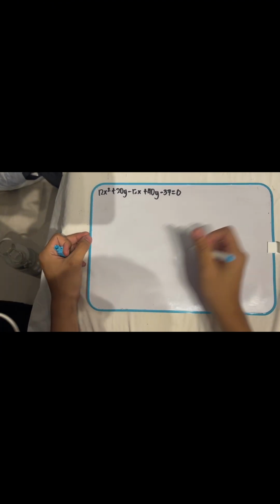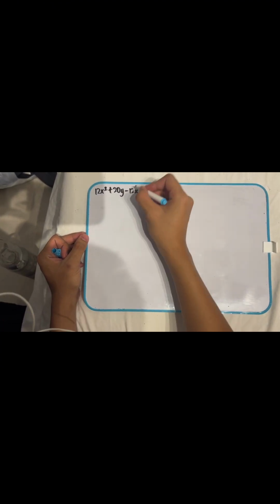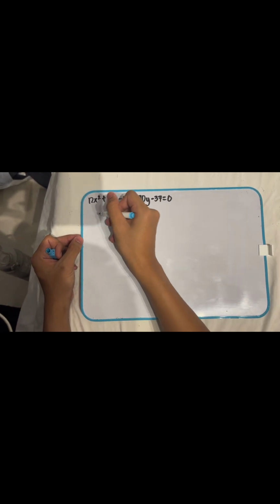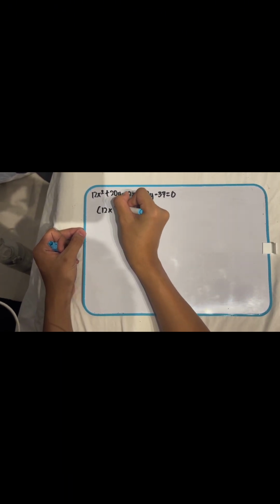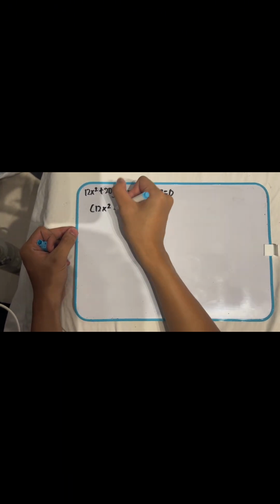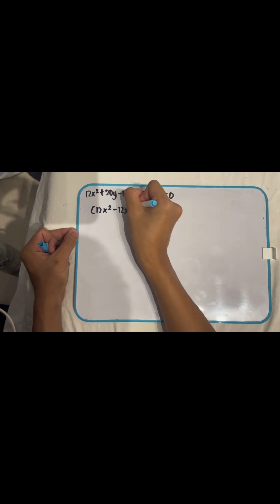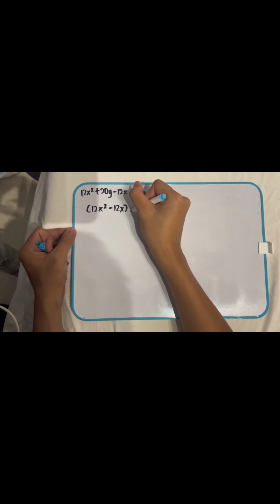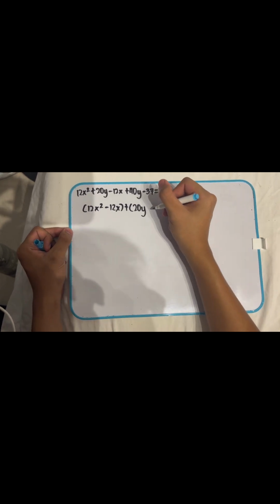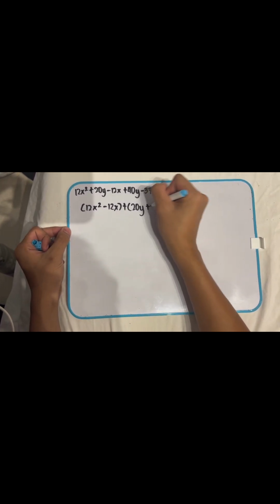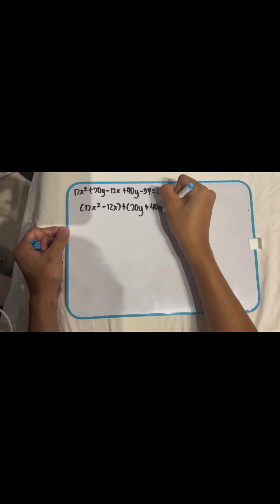So let's start. Combine like terms of this given, it's gonna be 12x squared minus 12x plus 20y plus 40y.